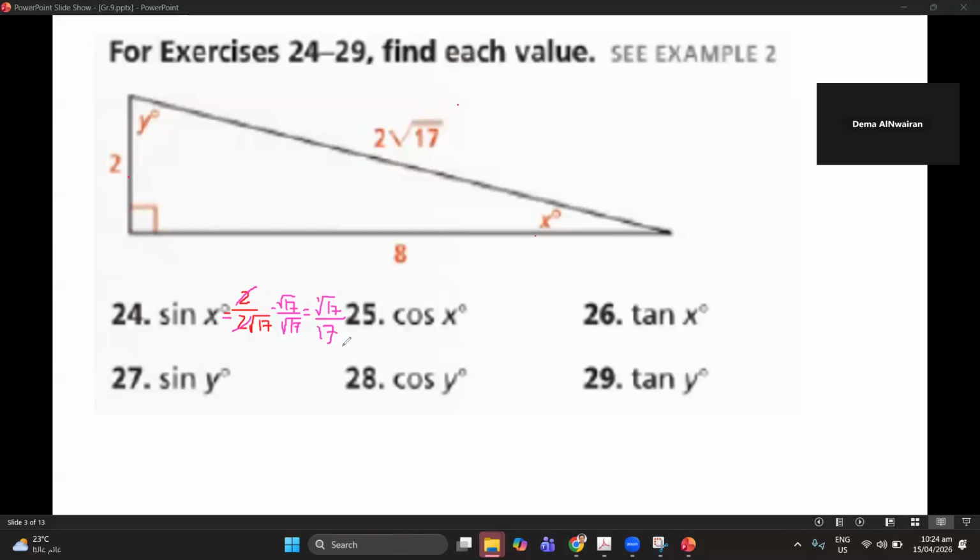If you divide on your calculator 2 over 2 square root of 17, I got 0.24. But with a fraction, it's square root of 17 over 17.